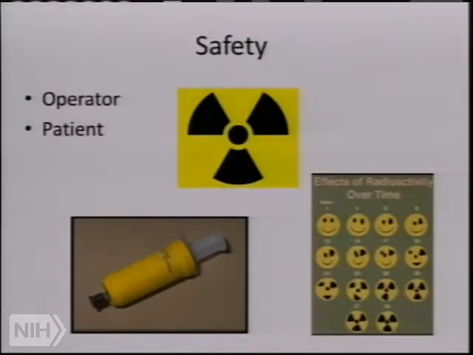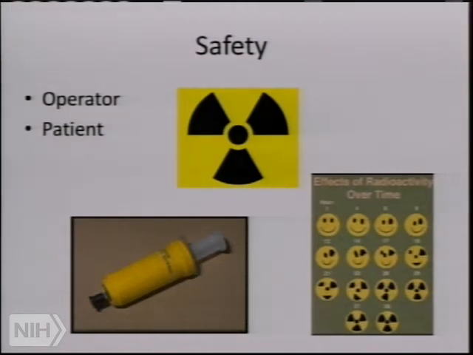So I just want a few words about safety and radioactive use. Of course, the operator is exposed every day to radioactivity, so all kinds of precautions need to be used so that the technologist is not exposed to a lot of radioactivity cumulatively.